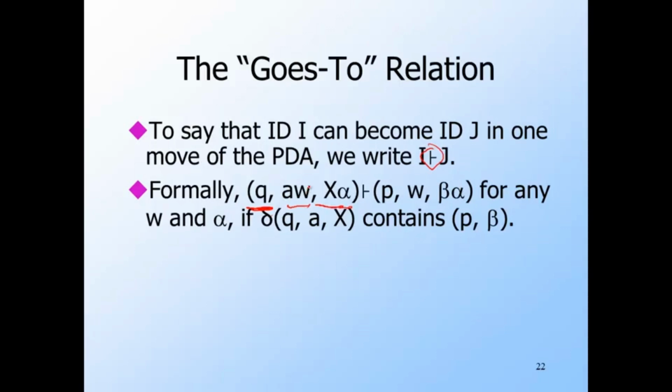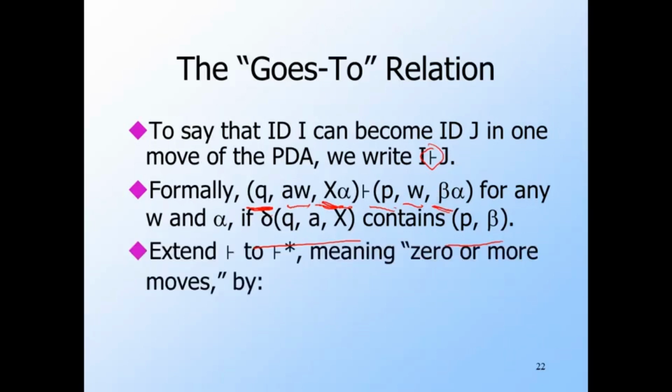Suppose delta of q, a, X contains (p, beta). Then a possible next ID has state p. w is remaining on the input because a got consumed. Again, a may be a symbol or epsilon, doesn't matter. And with beta alpha on the stack, where the X got replaced by the beta.